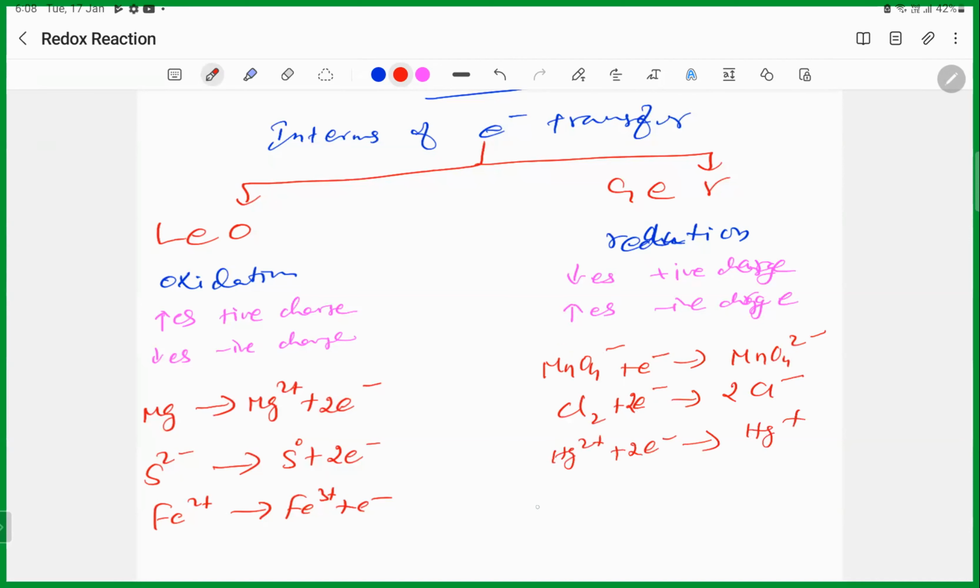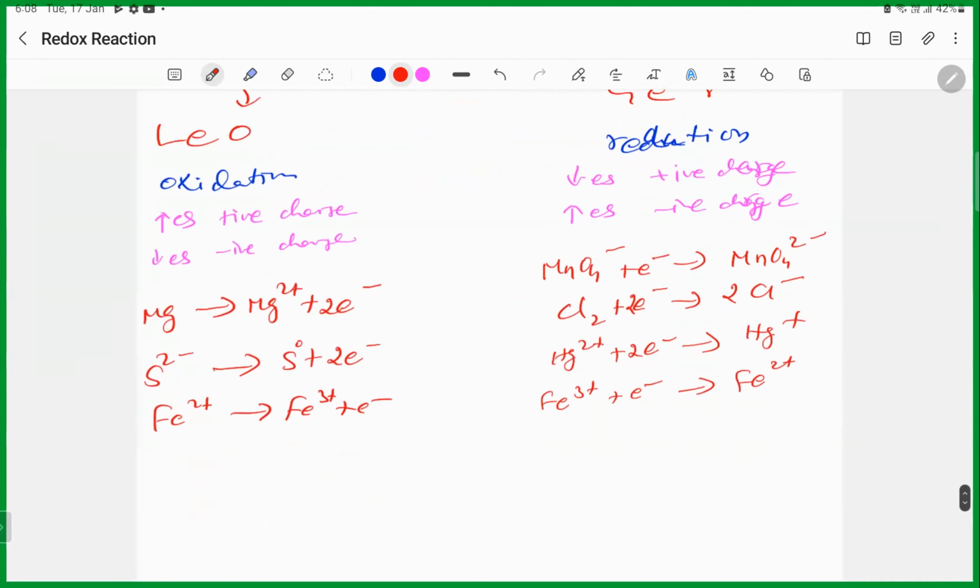Fe3+ plus 1 electron becomes Fe2+. Look here: all are a decrease in the positive charge or an increase in the negative charge, which causes the reduction. Here 0 goes to minus, so the negative charge has increased.